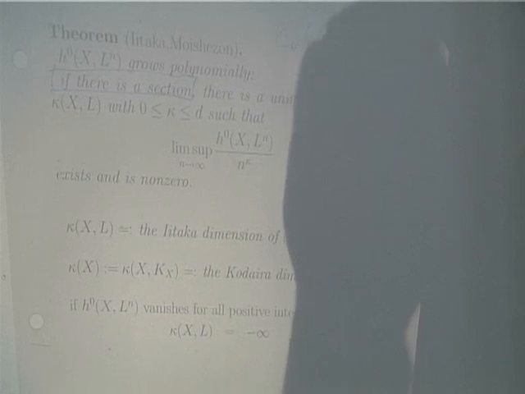There's a paper of Katsura and Ueno which shows what happens in characteristic p. I didn't bring the precise citation, but you can find it. So this is the Kodaira dimension. I made the assumption that there is a section somewhere, and just to be complete, we need to make a definition of the Kodaira dimension.